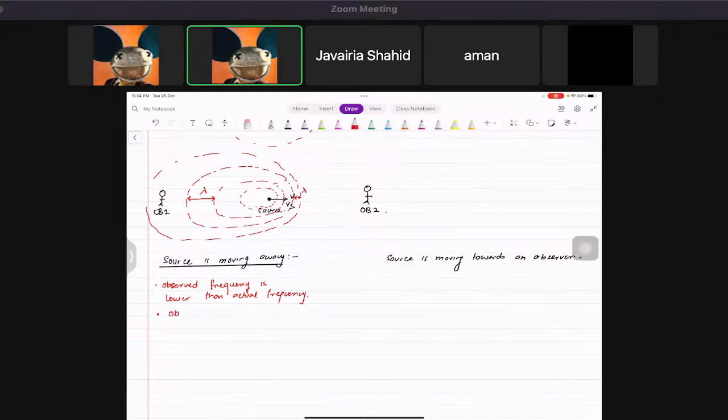So observed wavelength is higher than actual wavelength. So obviously, if you look at the formula, v is equal to f lambda, speed is the same. So if the wavelength apparently increases, as you can see in here, then the frequency decreases.